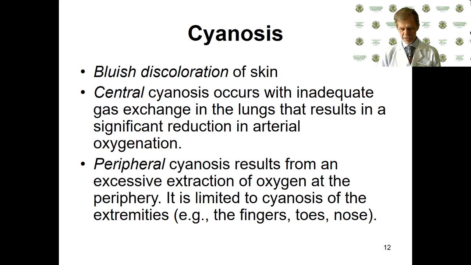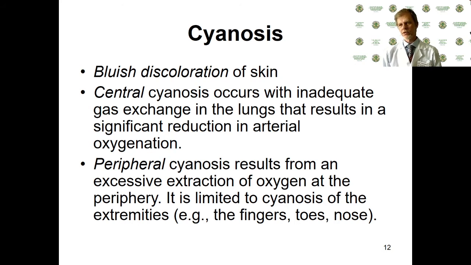Next sign, cyanosis. Cyanosis is bluish discoloration of skin. We have two types of cyanosis, central cyanosis and peripheral cyanosis. So why does bluish discoloration of skin happen? It depends on inadequate oxygenation of blood, because you know that arterial blood rich with oxygen has a bright scarlet color.